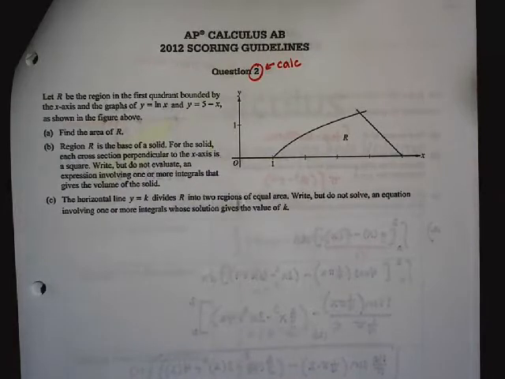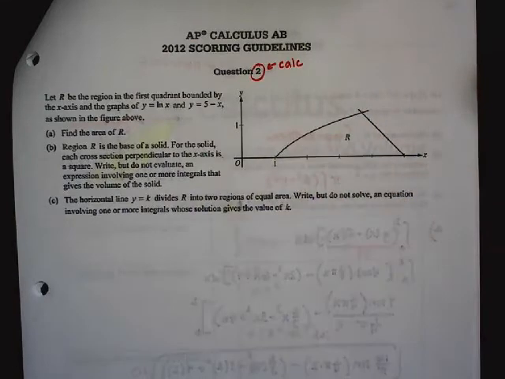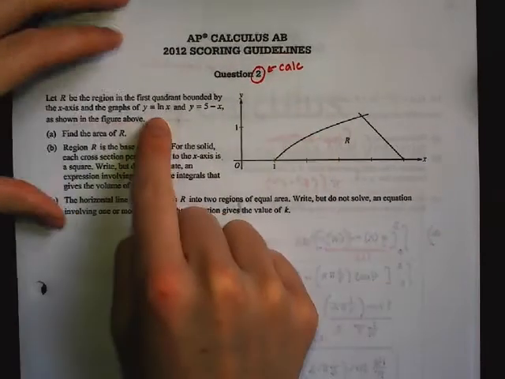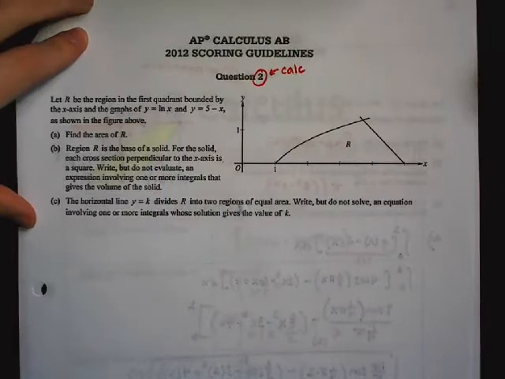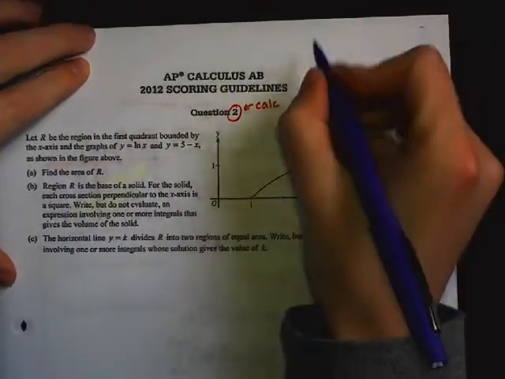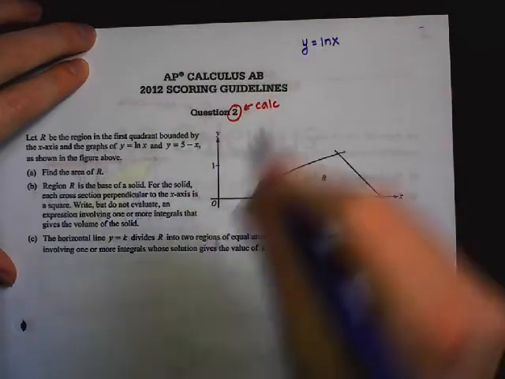This is a calculator problem, so we could figure out which one of these is ln x and 5 minus x using our calculator, but it's a good thing to talk about just to remember how to identify curves by their shape. If you didn't have your calculator, let's think about this really fast. y equals ln x. If you think back to Algebra 2 and our function families, y equals ln of x is in the logarithmic family.